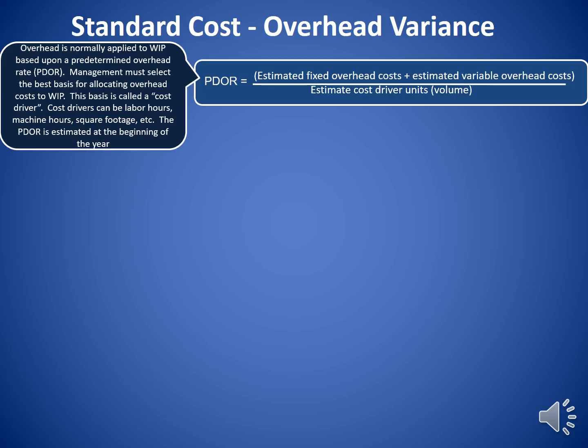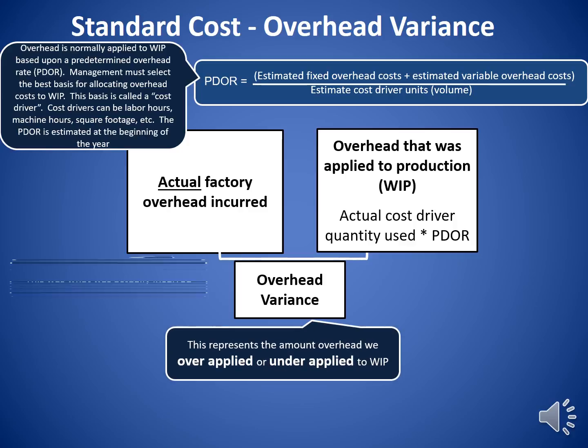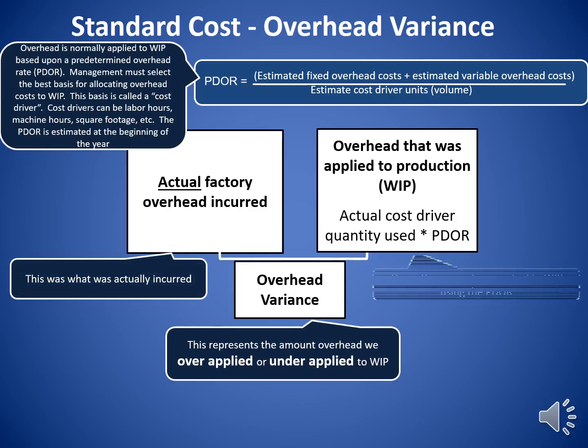Again, could be labor hours, could be some sort of physical production, square footage, machine hours, etc. So in order to calculate our rate, we come up with our rate per whatever unit of cost driver by using that formula.